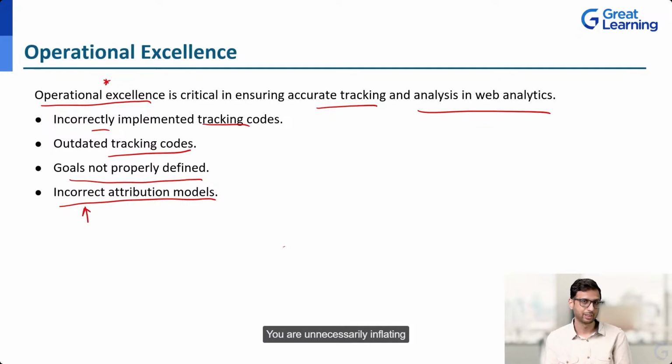You are unnecessarily inflating the performance of a channel, thinking that they are good. And all of these are symptoms of bad operational practices. If you have an operational excellence process within the organization, ensure that you translate that to this whole process of web analytics as well. And without this, you have an analytics effort which is standing on very weak footing.